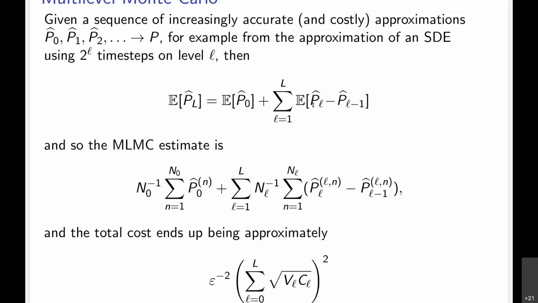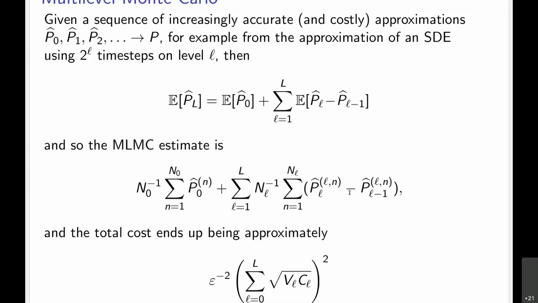And using independent estimation for each one of the expected corrections leads to the multi-level estimator, where again on level 0, we have an average over n0 samples of p hat 0.